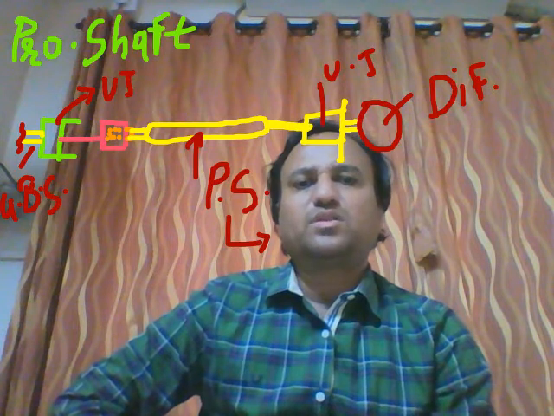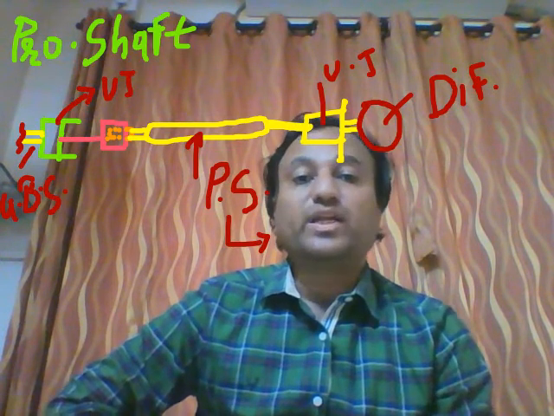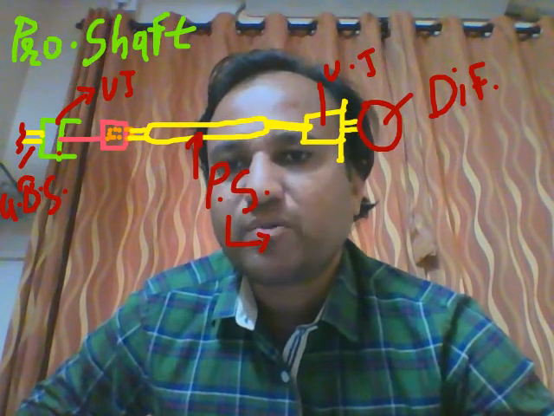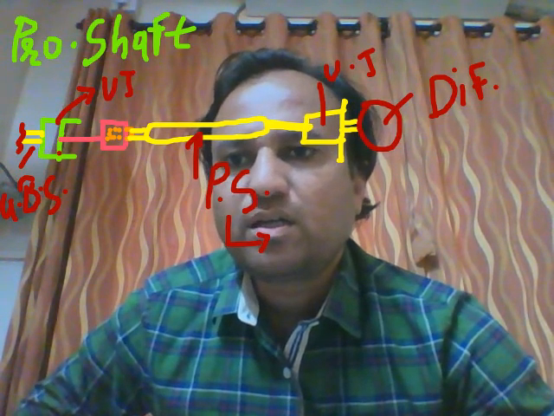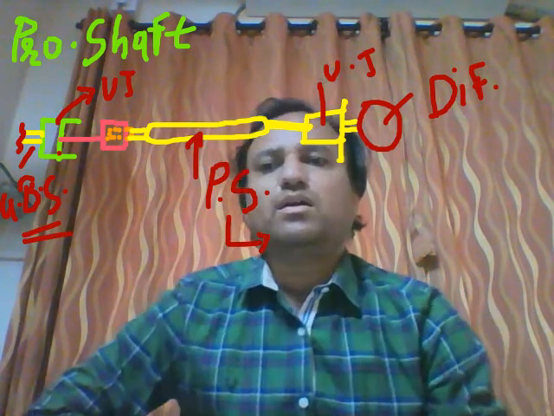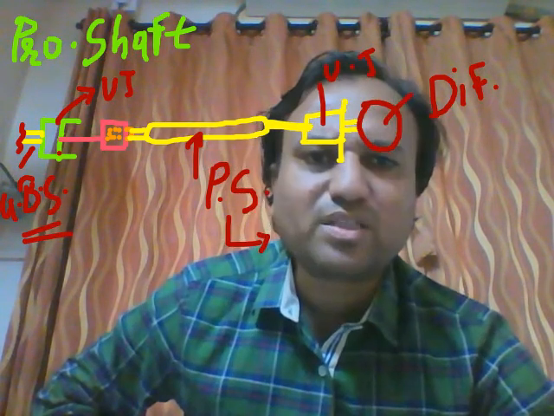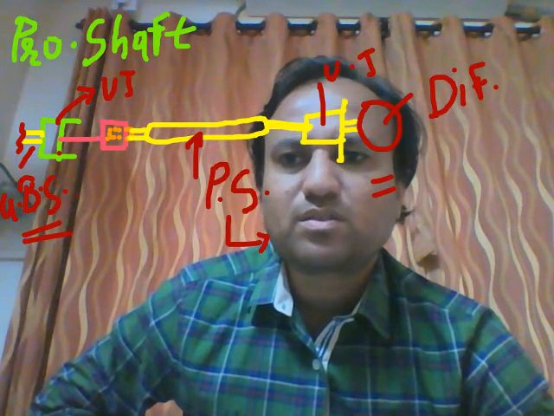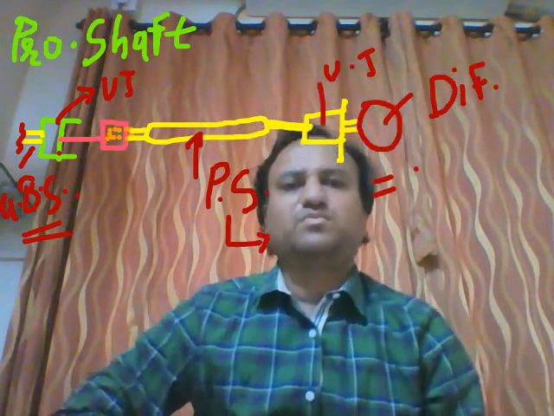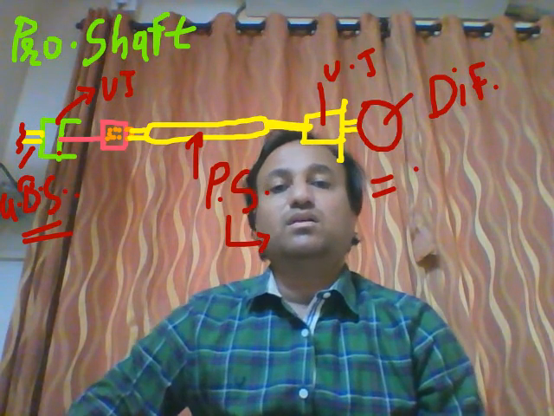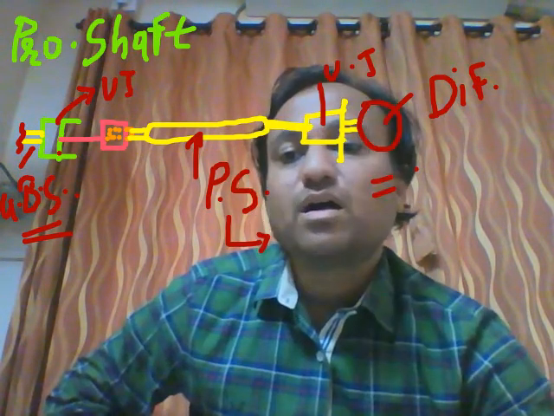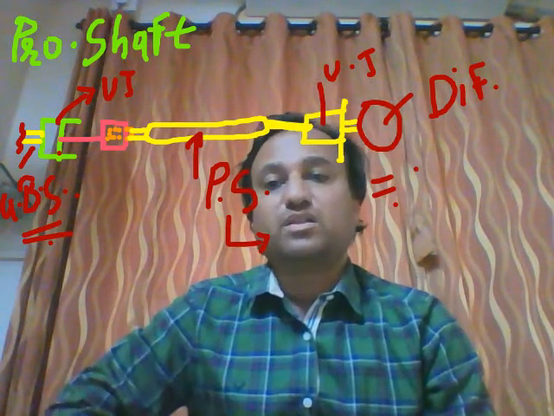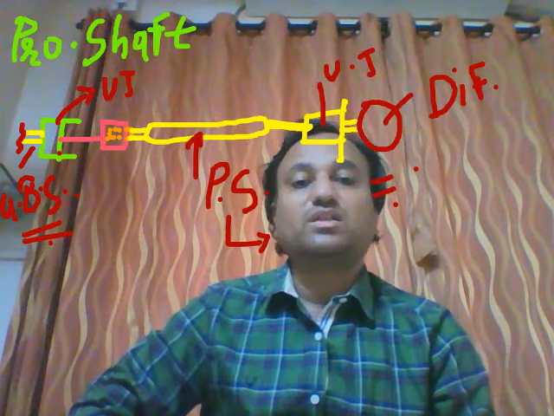The propeller shafts will be more than one in number when the gearbox and differential are not closer to each other, or the distance between gearbox and differential is more.